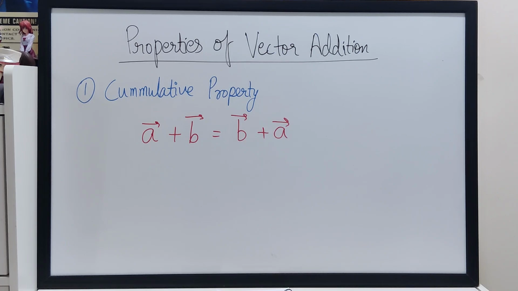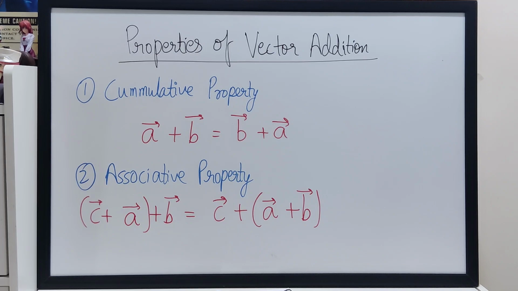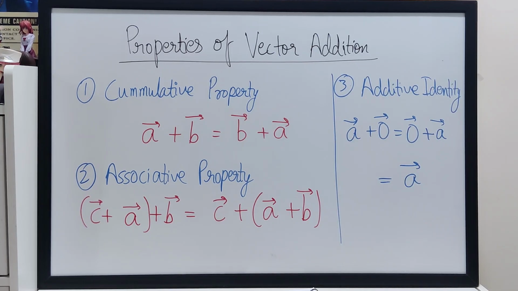Another property is associative: A plus B plus C is equal to A plus B plus C. Additive identity: if you add something to a vector but the result does not change, that is known as additive identity. Here, A plus null vector is equal to vector A.